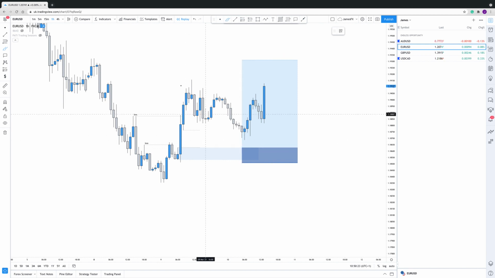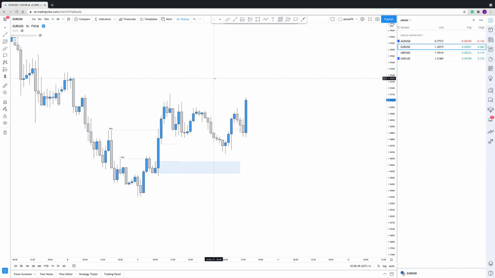Now you can see, if I get my measurement tool, we fell short of tapping our order by 6 pips. Once we broke up and started to break these structures, we can cancel this order, because it's unlikely price will return, as we have filled most of this imbalance, so price can move from here.